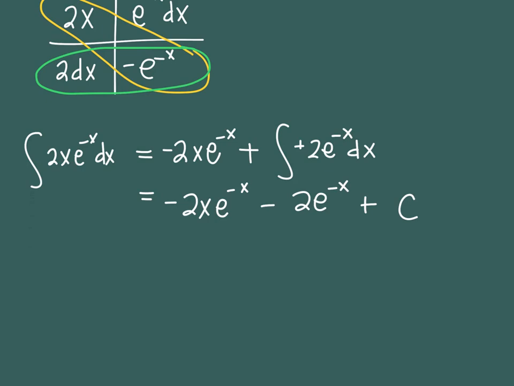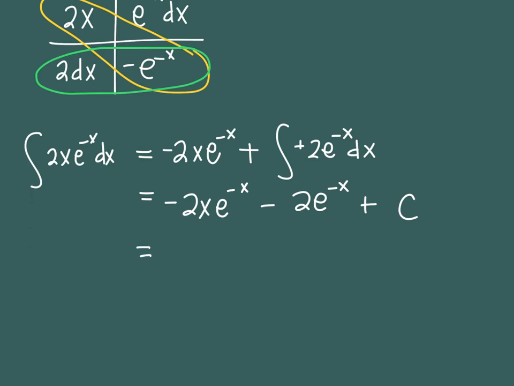So what's the only difference between those two terms? One of them has an x and one of them doesn't. Otherwise, what do they have in common? They both have e to the negative x. What else besides a 2? A negative.